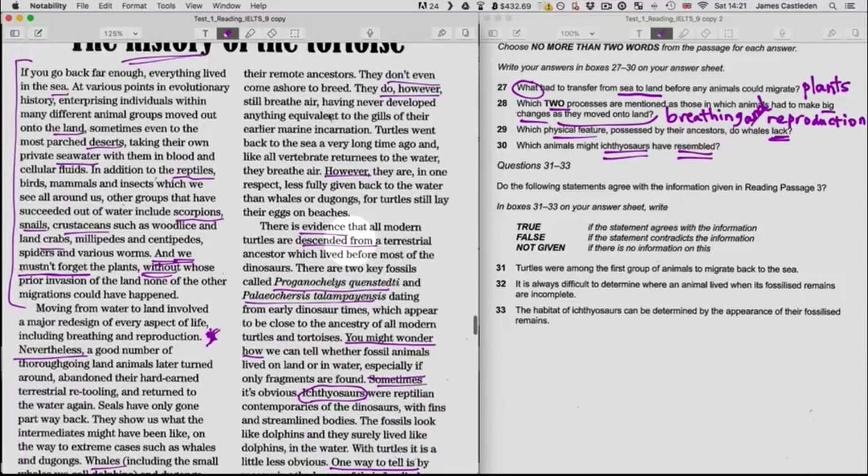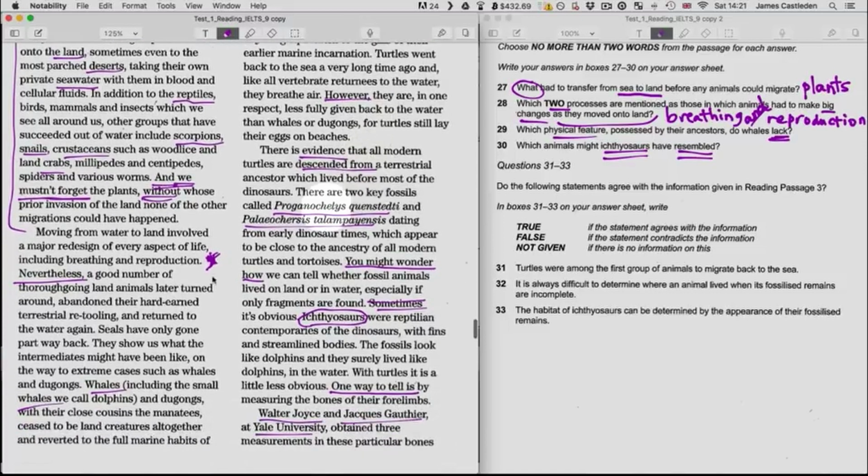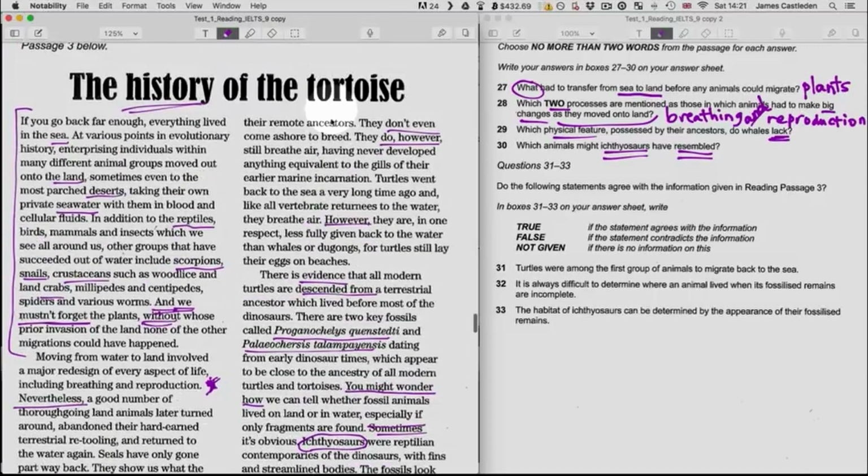Must be up here somewhere. Right, here it is. Having never developed anything equivalent to the gills of their earlier marine incarnations.